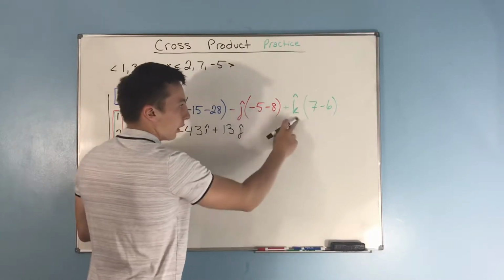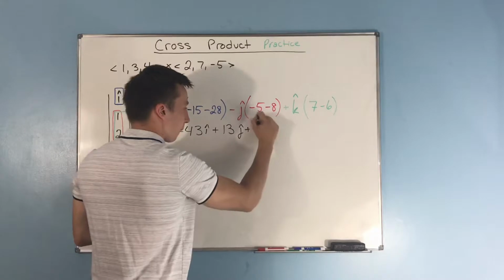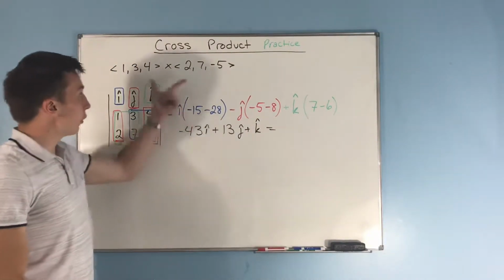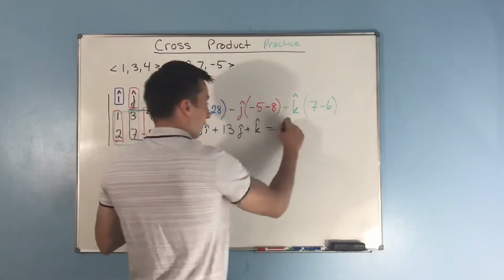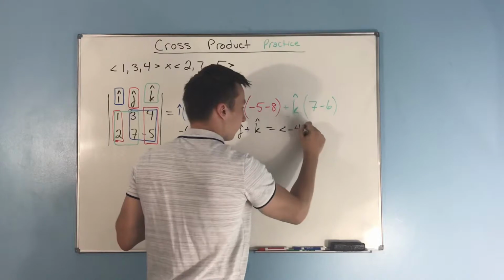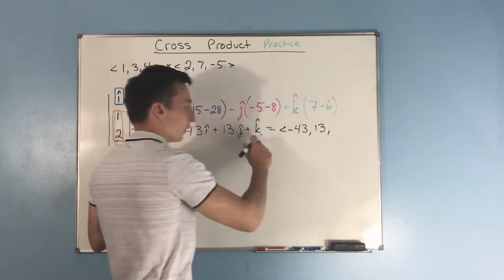And then the 7 minus 6 just becomes 1, so we're going to have plus k hat. If you wanted to write that in angle bracket form, you can do that. The coefficient here is negative 43, the coefficient here is 13, and the coefficient here is 1.